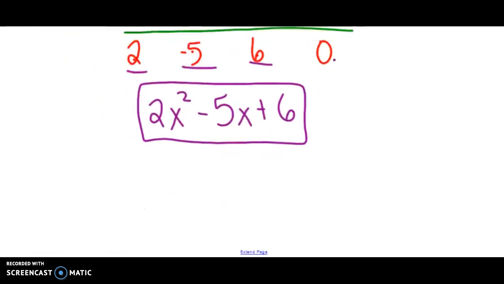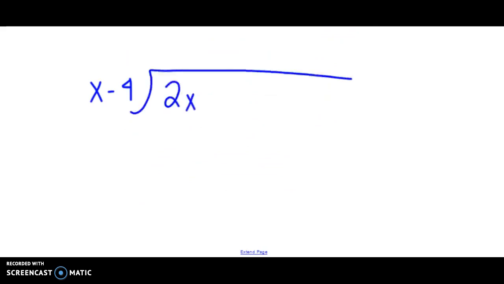So if I was going to do long division with this problem, I would put x minus 4 outside, and then inside I would have 2x to the third minus 13x squared plus 26x minus 24. And let's do the long division like we learned before.